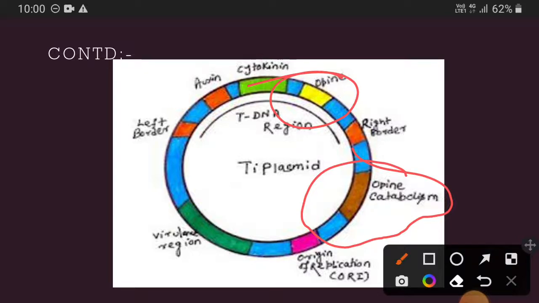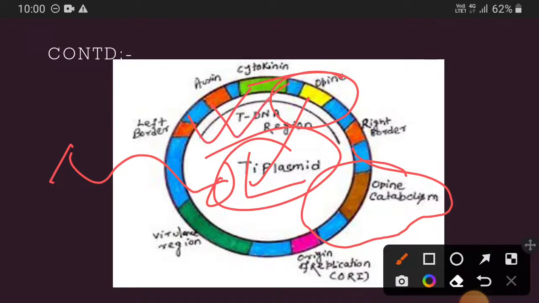So it is believed that the opine synthesized by the infected plant cell goes back to the bacteria and supports the bacterial growth, because the opine catabolism region is present. So the bacterium can utilize the opine as its nutrition.